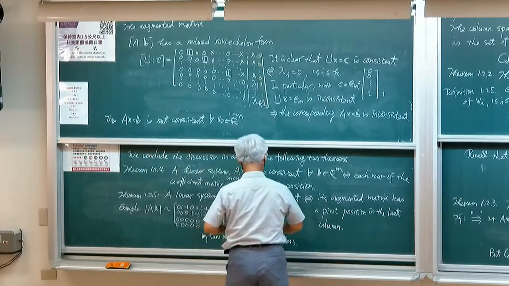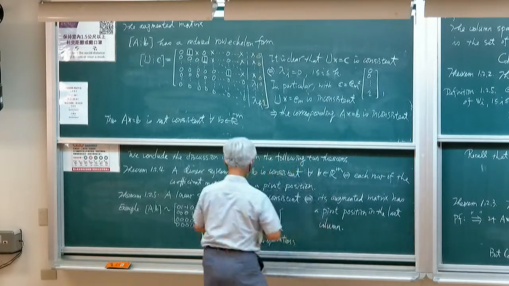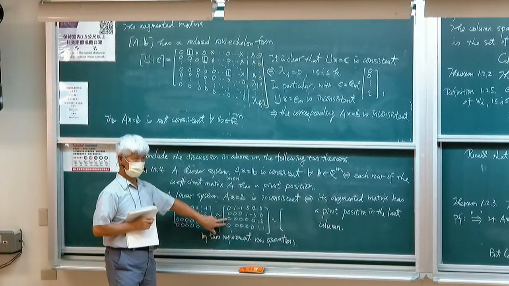So you have to do a row exchange: exchange the 3rd and the 4th row.